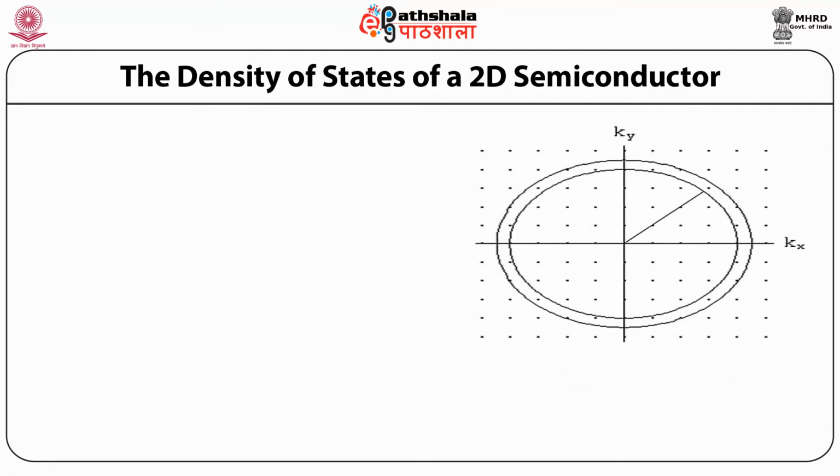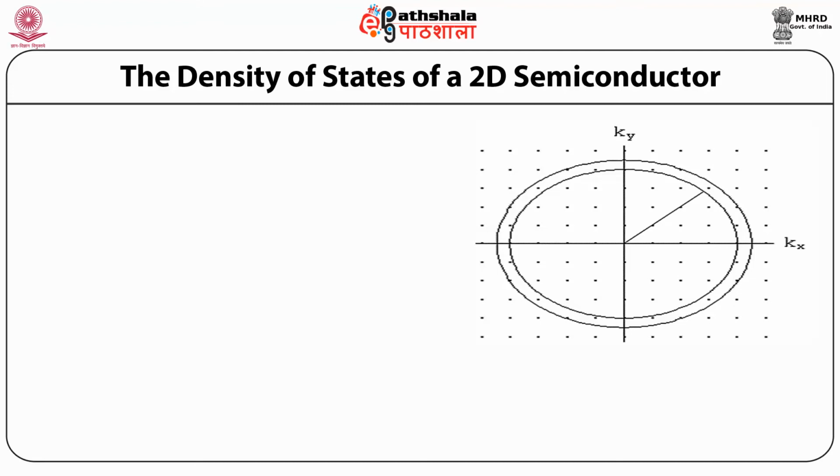So students, let us now discuss how the density of states is calculated for a 2D semiconductor. In order to calculate the density of states for the 2D structure, that is a quantum well, a similar approach can be employed, but the earlier equations undergo the following change.